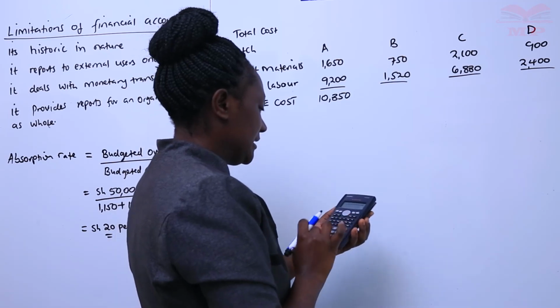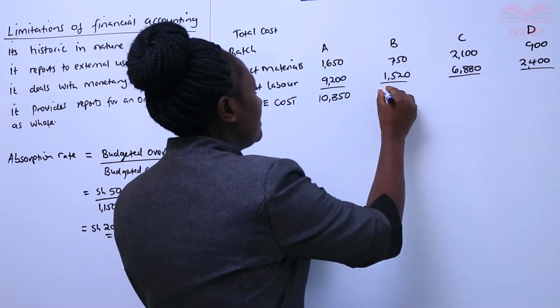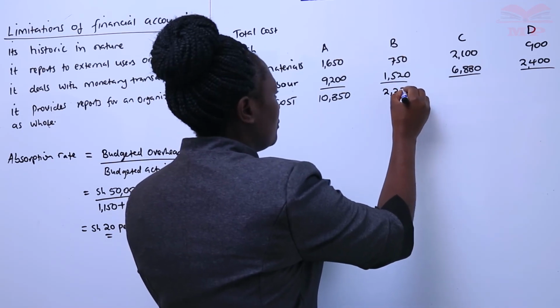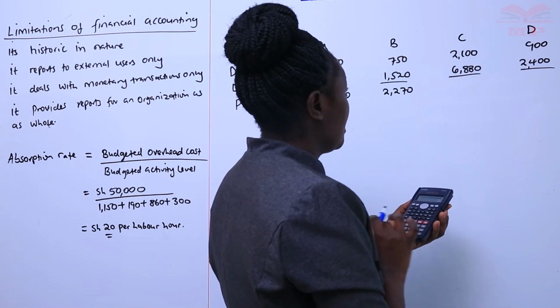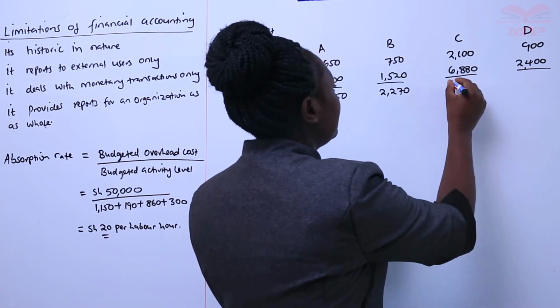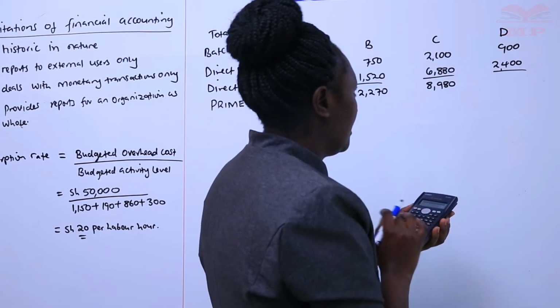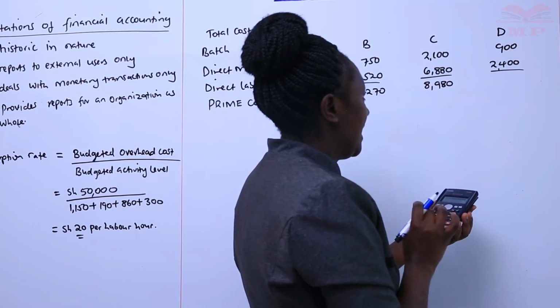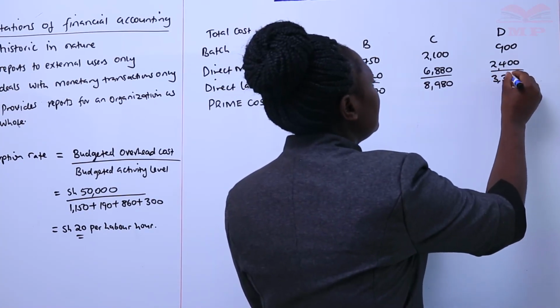For B is 750 plus 1,520, which will give us 2,270. And then for C, 2,100 plus 6,880, which will give us 8,980. Then D is 900 plus 2,400, which will give us 3,300.